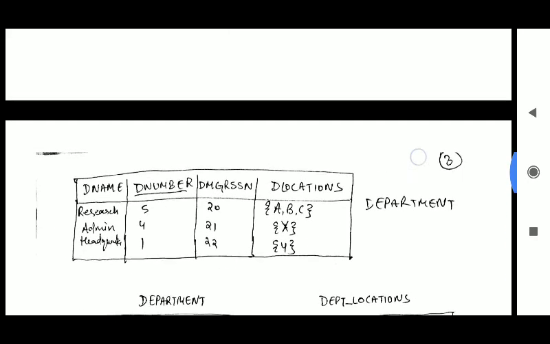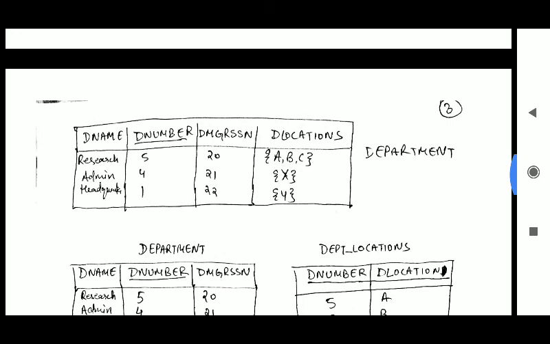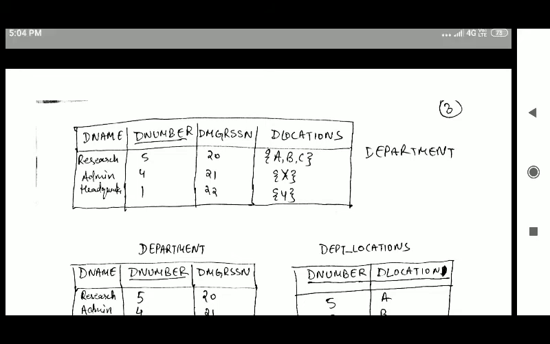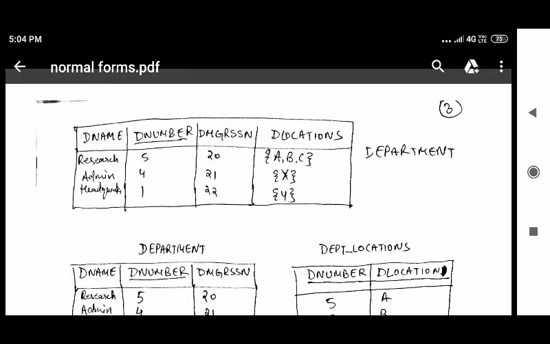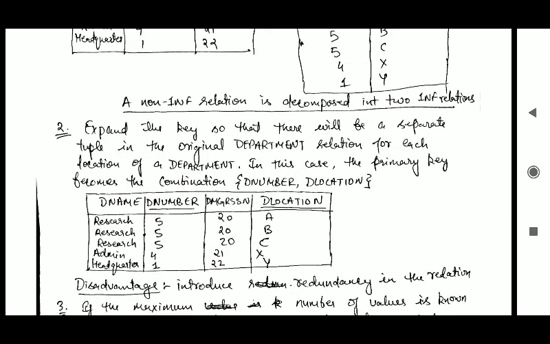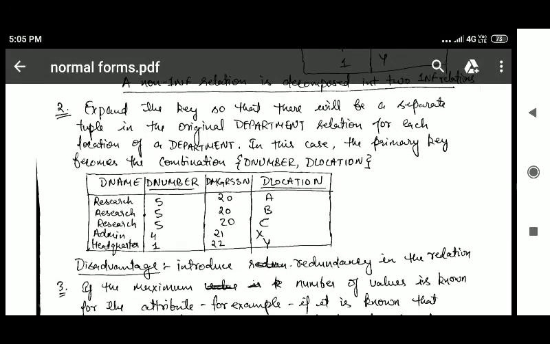So here you can see that in original department relation for department number 5 there were three locations A, B and C, and there was only one tuple which was showing that department number 5 is having three locations A, B and C. But here in this department which is in first normal form, there is a separate tuple for each location for department number 5.